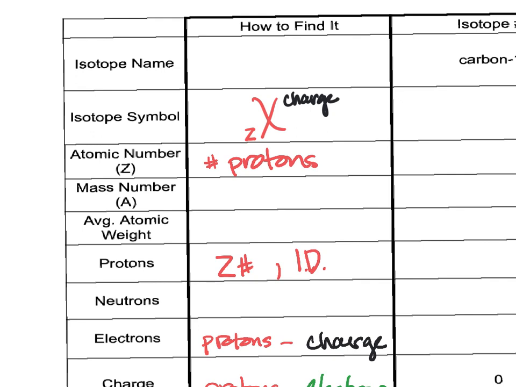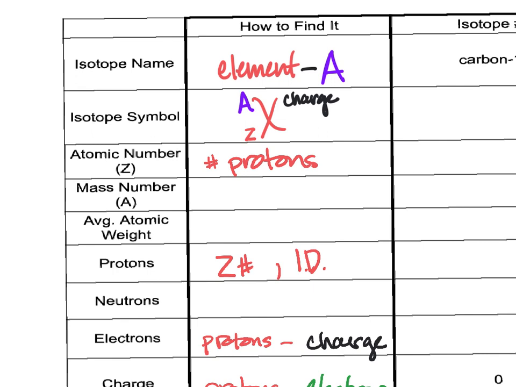Our isotope name, we're always going to have our element in that isotope name. But then we need to talk about what mass of atom we have, and that is where we're going to see what we call the A number. I always like to remember the placement of our A number and our Z number because it goes from A to Z on the isotope symbol.